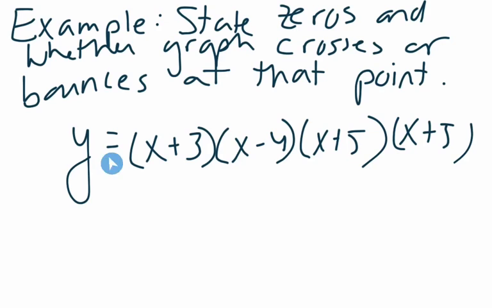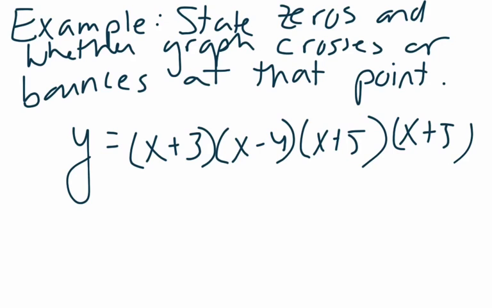So looking at this, we're going to tap into what we covered last class, which was that if you see the factor, you can just flip the sign. You don't have to go through, oh, the x-intercept or the 0 means that y is equal to 0, and you replace the y with the 0, and then you set up your separate equations and solve them all. It's just not necessary to do that much work all the time.